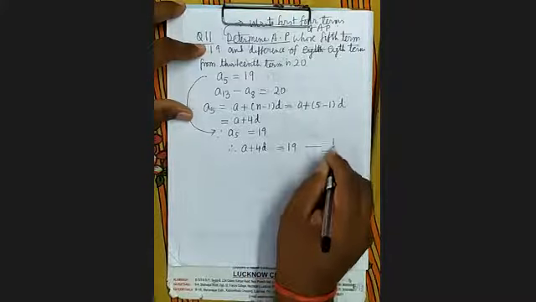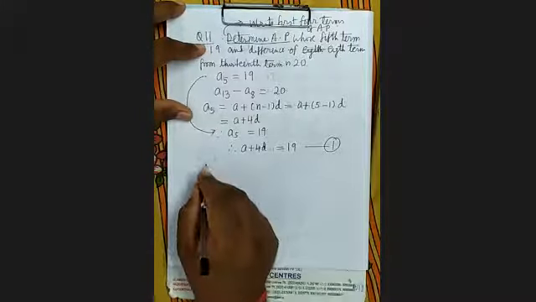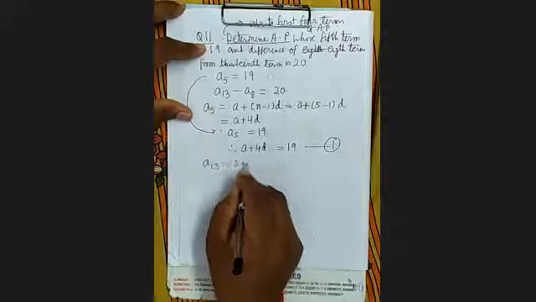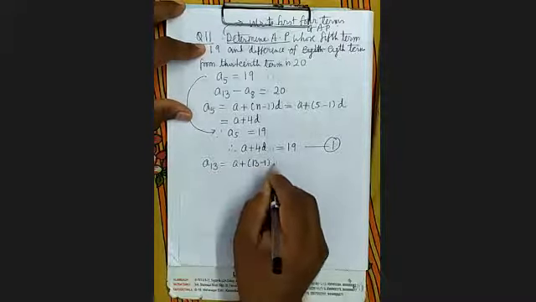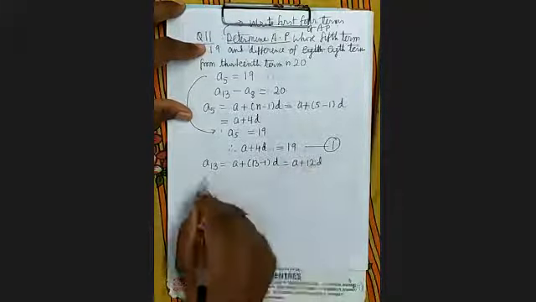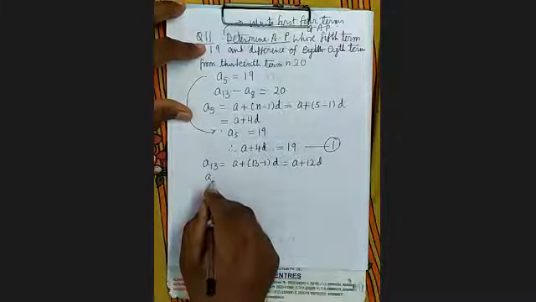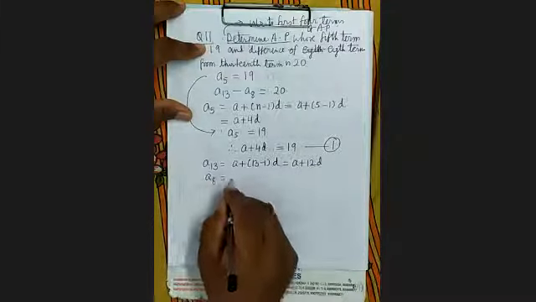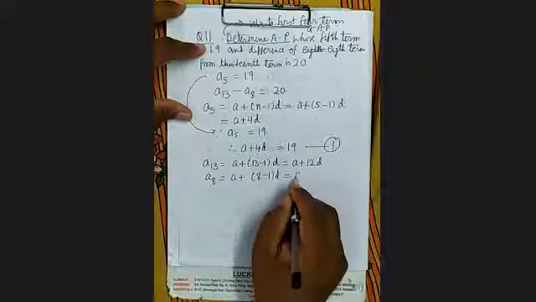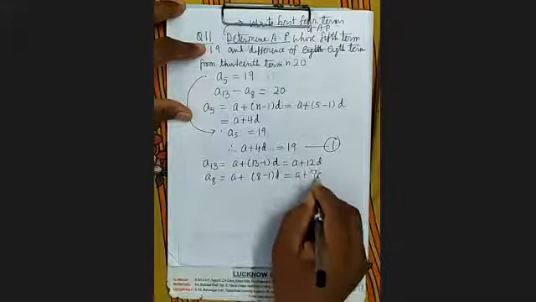This is the one equation. Then A13 will be A plus 13 minus 1 into D, that equals A plus 12D. A8 will be A plus 8 minus 1 into D, that equals A plus 7D.